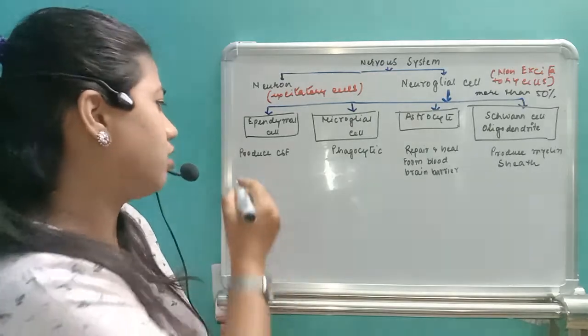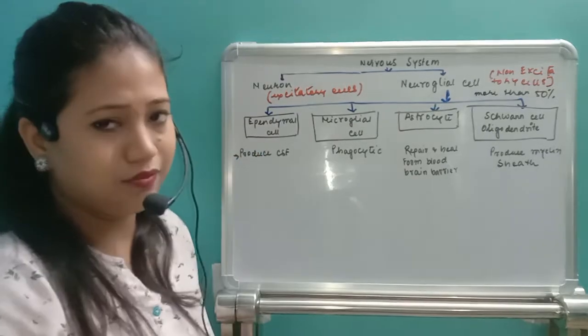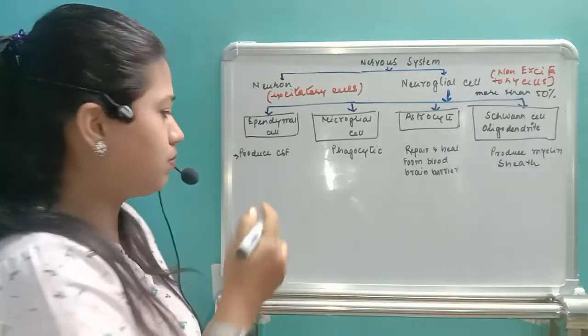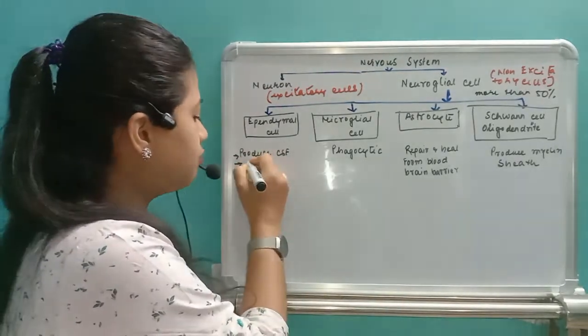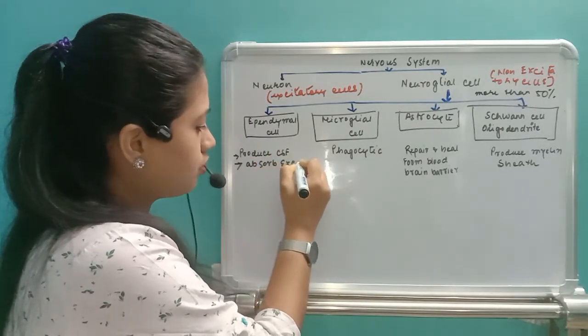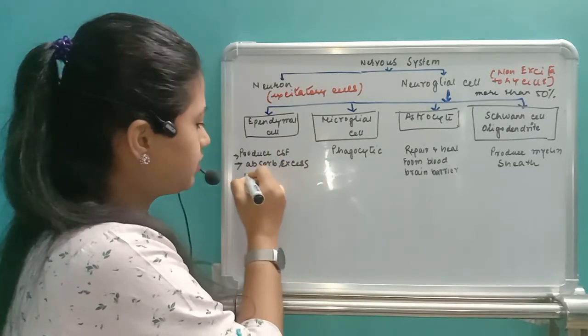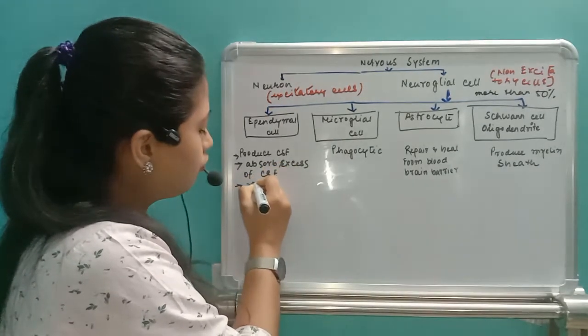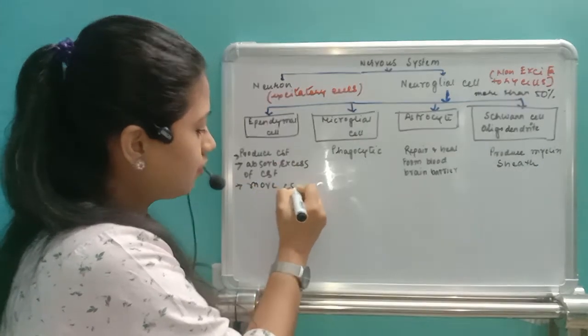What I have shown here is that they produce the CSF. It is not only production, but they will also absorb the excess CSF, as well as move the CSF too.